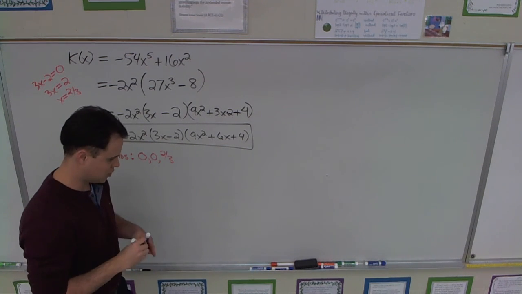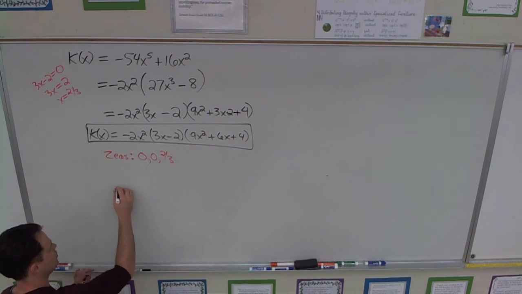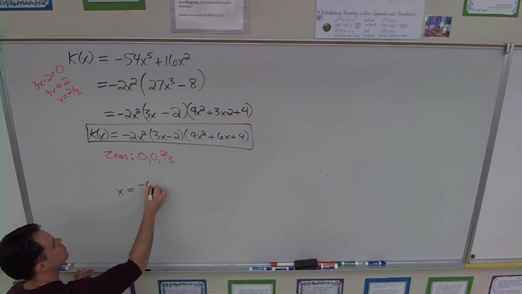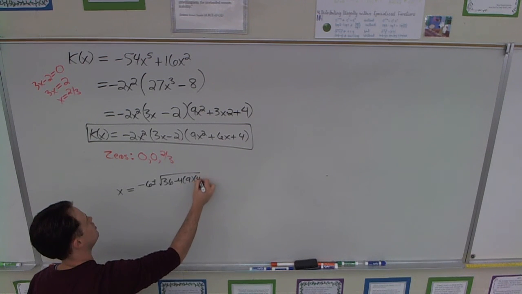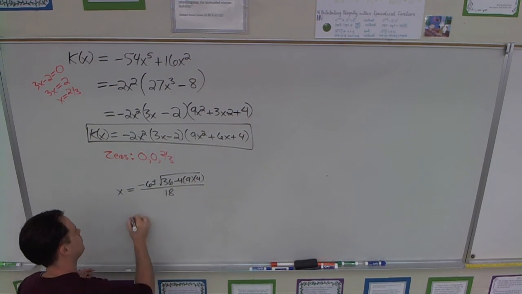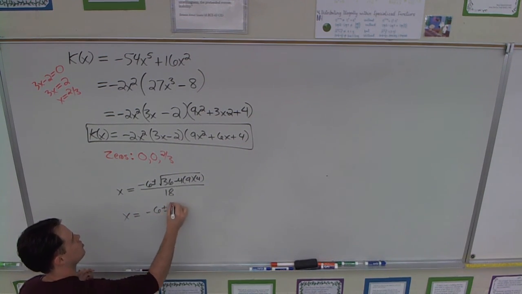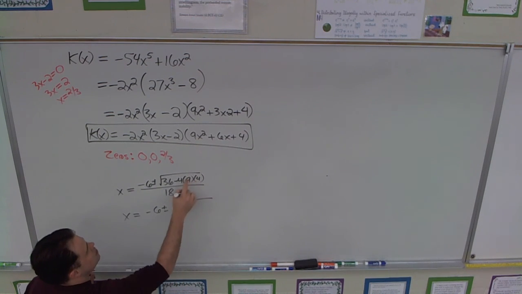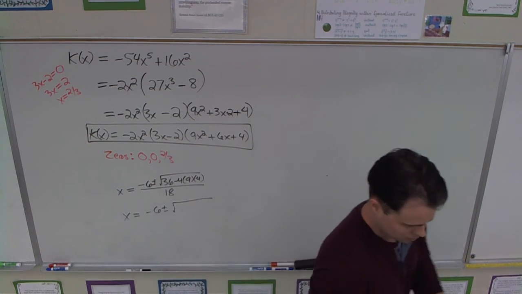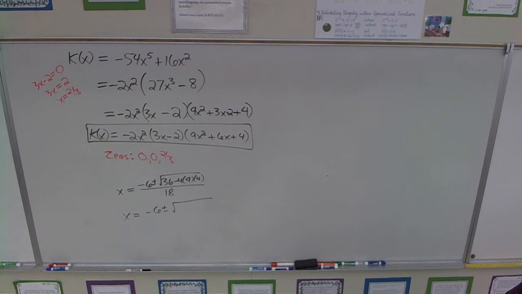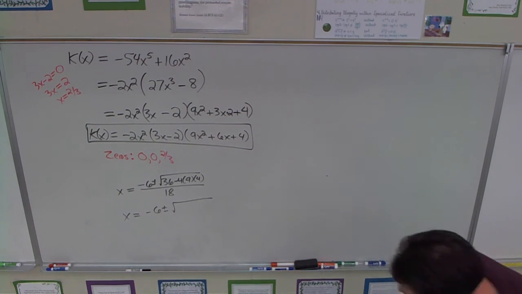I'll confirm that with the quadratic formula really quick. So let me go through that really fast. Negative b plus or minus the square root of b squared minus 4 times a times c over 2a. So that's going to be 16 times 9. Oh, I don't want to do 16 times 9. 16 times 10 is 160 minus... I don't want to do it. $144.